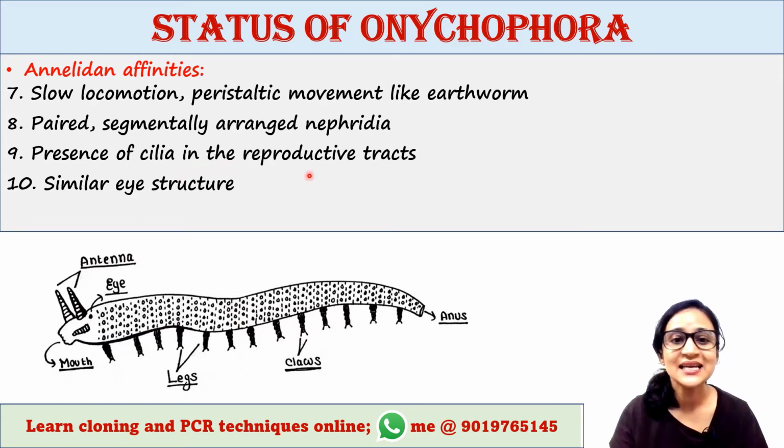Cilia are present in their reproductive tract. Cilia are hair-like, thread-like structures. They have a similar eye structure like annelids. So these are some features which are similar to annelidan features.